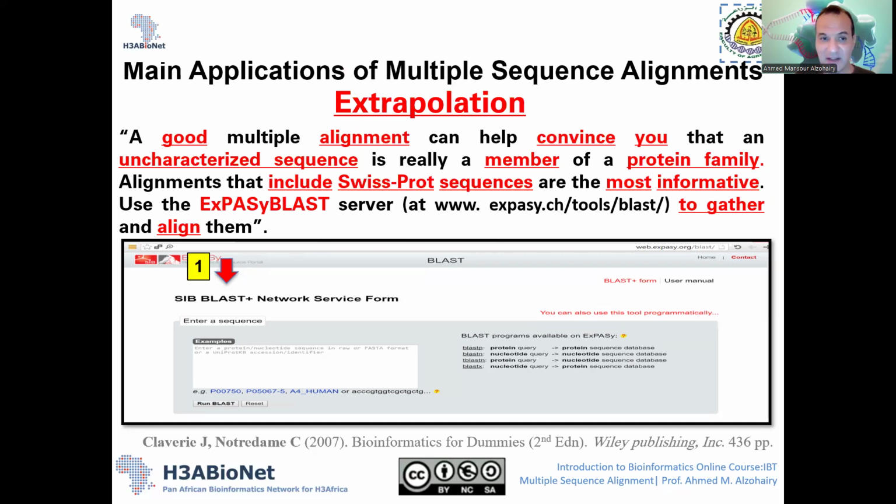It simply can tell you if it belongs to a certain family in the database.